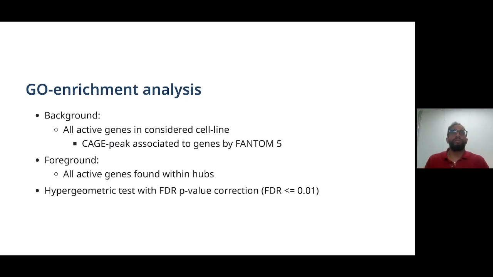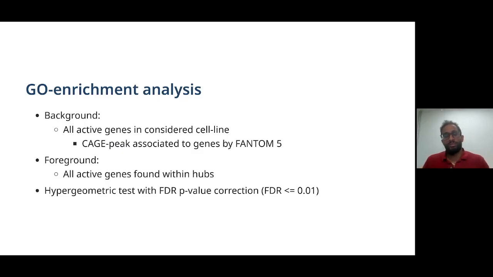Looking at the gene content of those transcriptional hubs, we wanted to evaluate whether or not this particular gene content had any specialization, and whether this specialization was different when comparing transcription start sites and genes inside the hubs compared to genes outside the hubs.